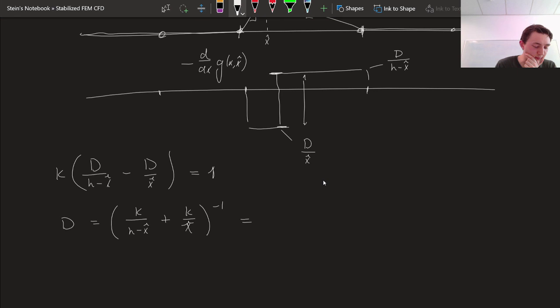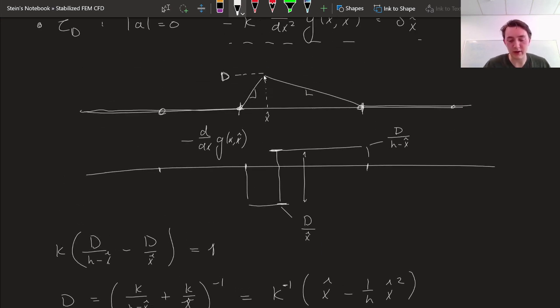I have a tough time believing what I derived here. I think this should be kappa minus 1 times x hat minus 1 over h x hat squared. Okay, so that is going to be my expression for the height of this point.